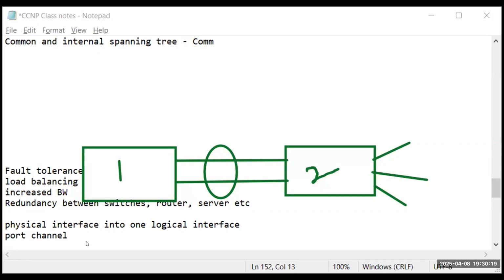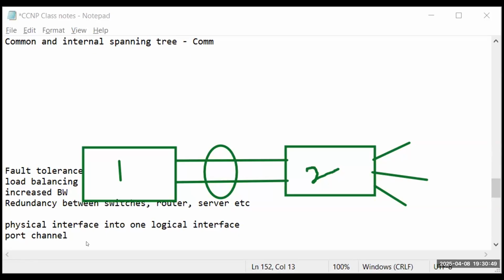Additionally, if any one physical link fails within the channel group of physical interfaces, it's not going to create any topology change. As an end user, you will not see any alerts or any difference in the network performance because only one interface has gone down.